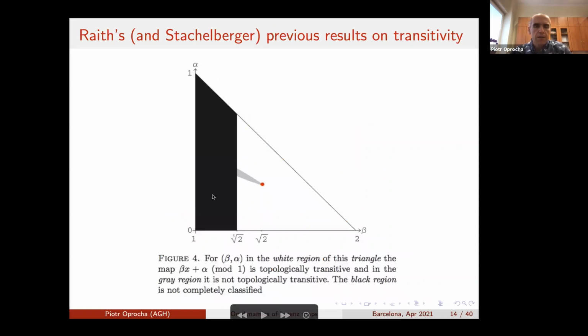All right, so that picture is the parameter space from works of Piotr. This is the Raith and Stachelberger paper, and here this white triangle is where they analyze the situation, and this light gray shows where there is no transitivity. And that example that I showed you is this red dot which is on top of this gray region.